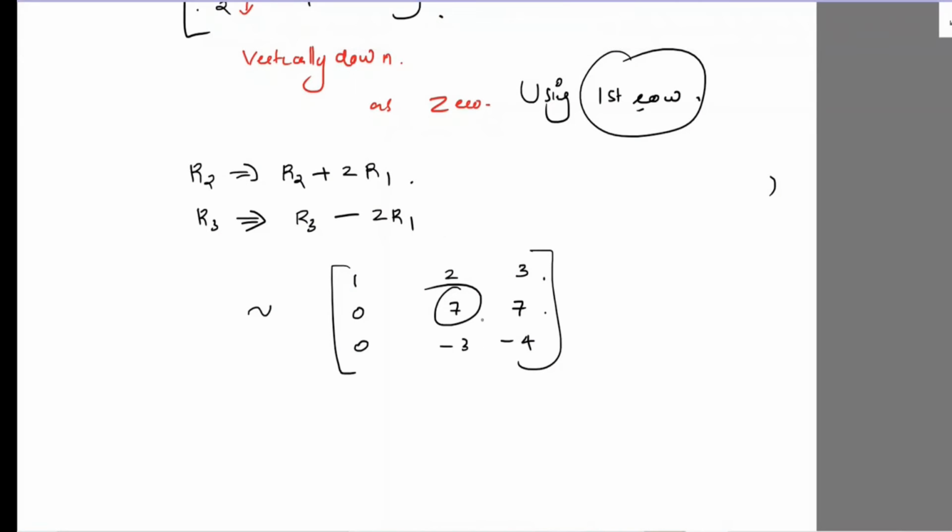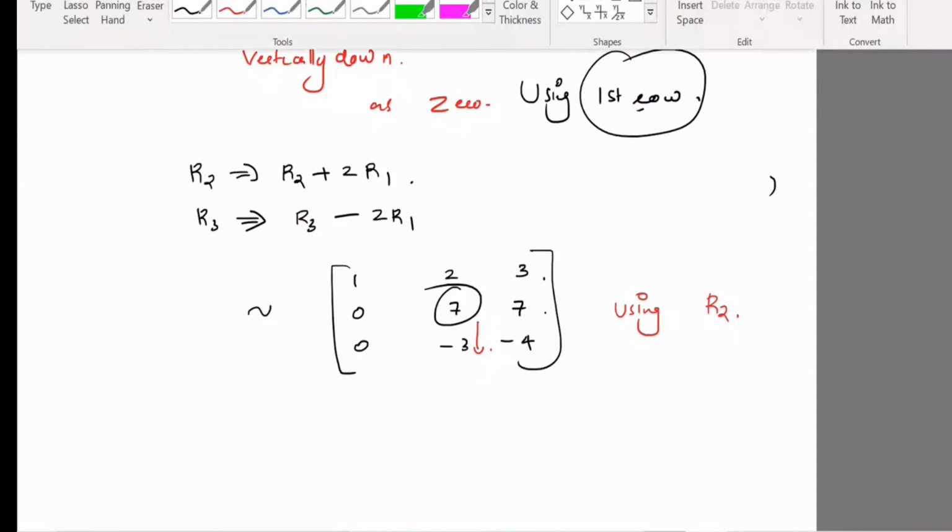And now I am going to make all the entries vertically down to the second leading coefficient 0 using which row? We will use the second row because the leading coefficient lies in the second row. So we are going to use R2 to make all the entries vertically down to 7 as 0. So what will be the operation?